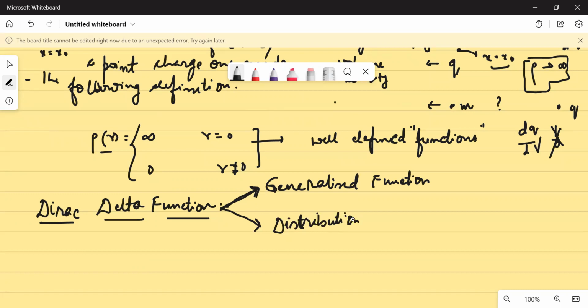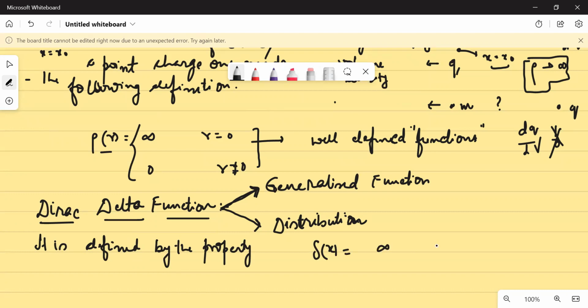These are more so mathematical terms, but what you have to understand is that it is defined by properties. If I say my function is a Dirac delta function, then it has to be infinite at a certain point, and it has to be zero for all other points.